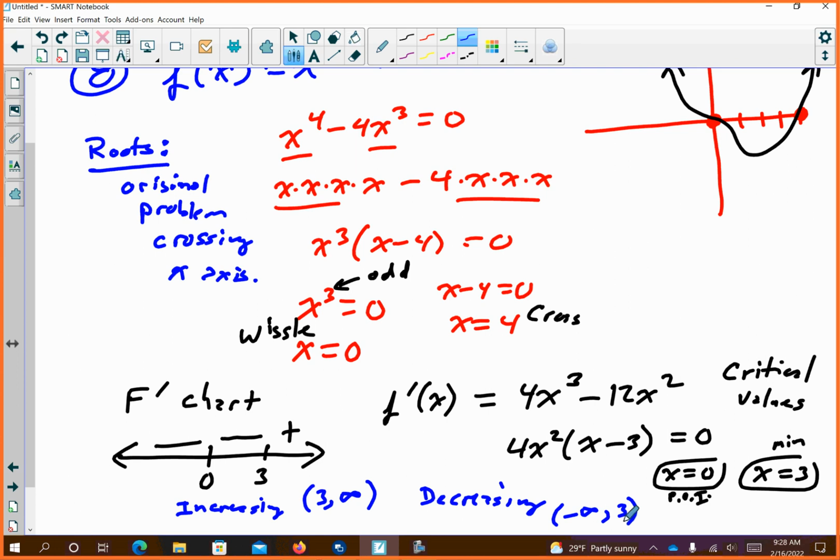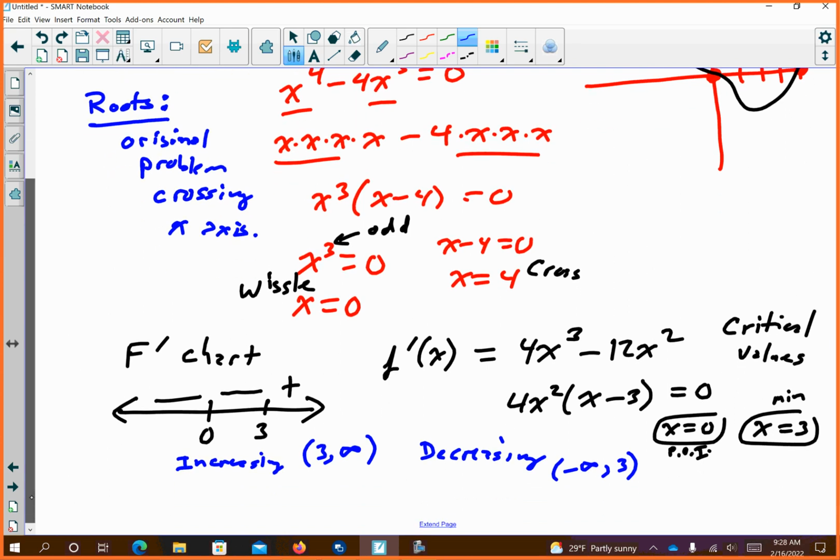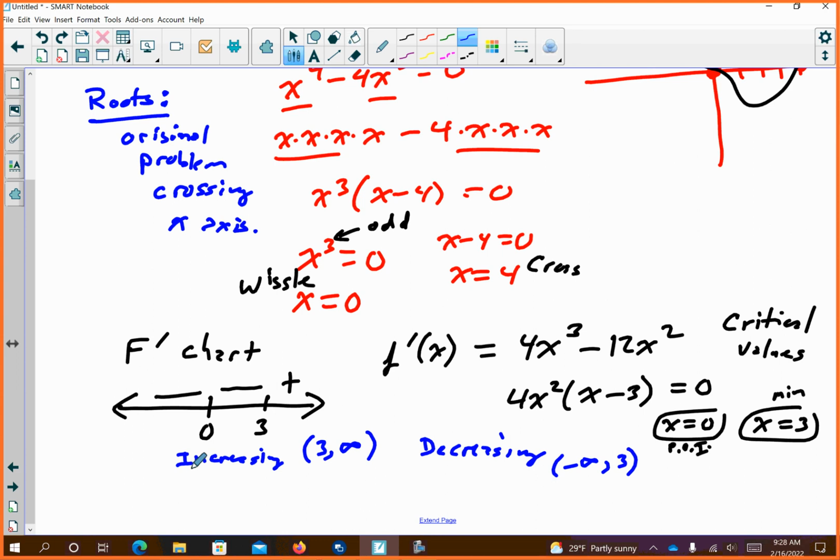And then max and min, or max slash min. So in this case, if I go from a negative slope to a positive slope, at 3, we have a min.